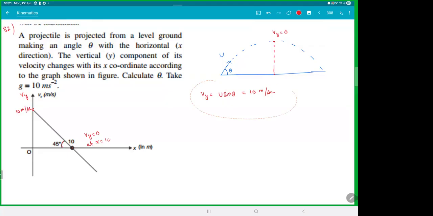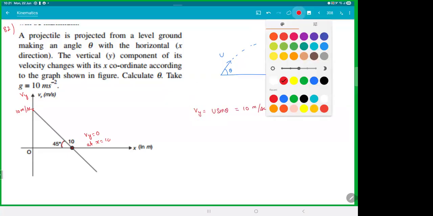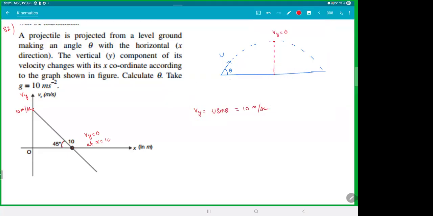So he indirectly gave you the range. He's saying this was 10, that means this is also 10. Perfect. So time of flight is 2 Vy by g, which is 20 by g, 2 seconds. Right?